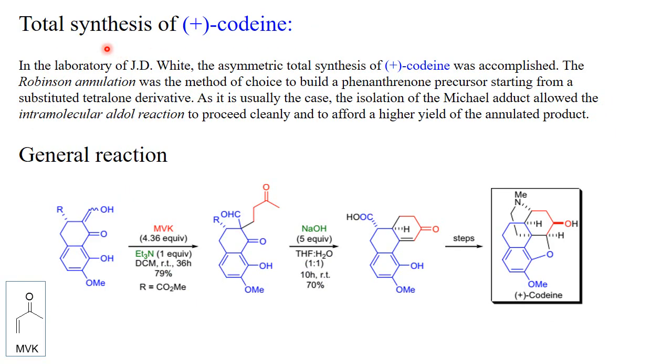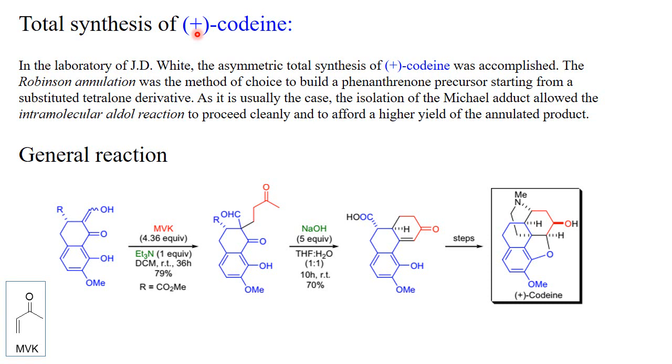The third application of Robinson annulation reaction is total synthesis of codeine. Here see the plus sign, and in the previous slide we have shown that acetaldehyde B has a negative sign.